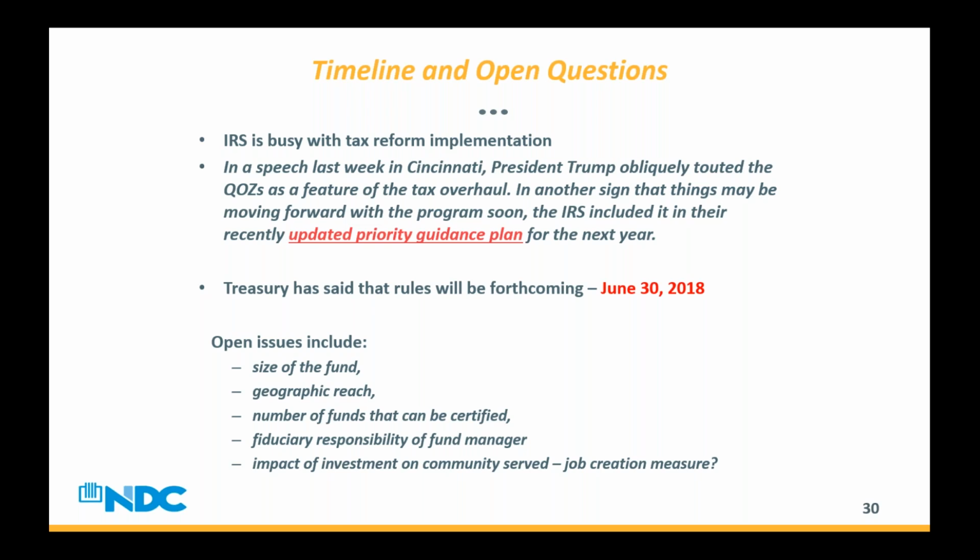And the funds can't be certified until there are rules. So Treasury now has said the rules should be forthcoming by June 30th. They have not indicated whether those rules will be final or whether they will be open for comment. Customarily, they're open for a comment period for 30 or 60 days, and that's just a question we don't know for sure.